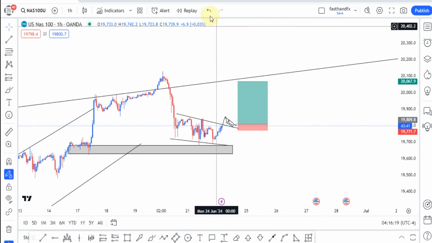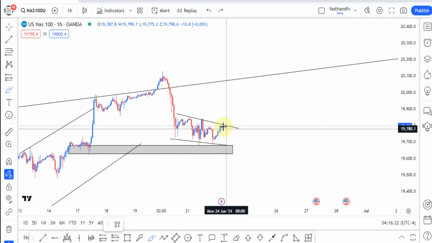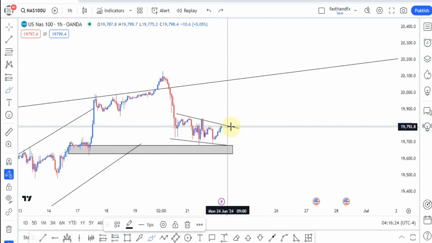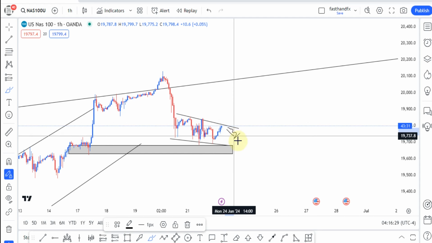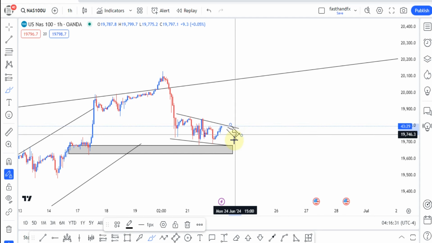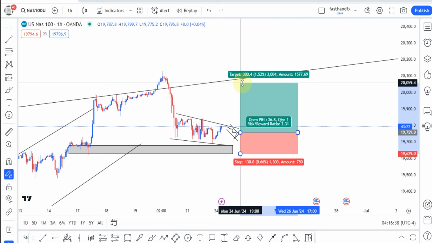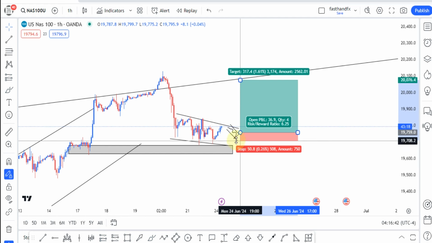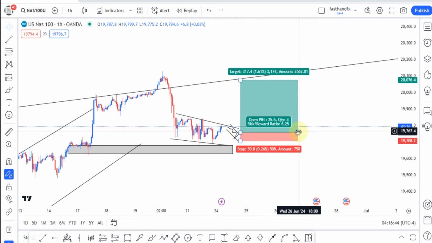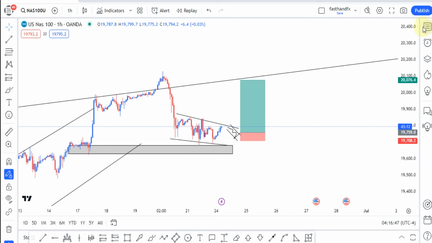I'll repeat, make sure you see it rejecting right there, print a continuation pattern, something like this. Now inside this continuation pattern, make sure you see an inverse head and shoulder or a double bottom. That's when you execute. If you don't see those, let it go, don't take your entry, based on our analysis.